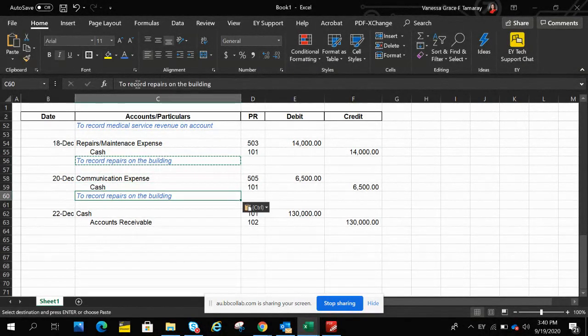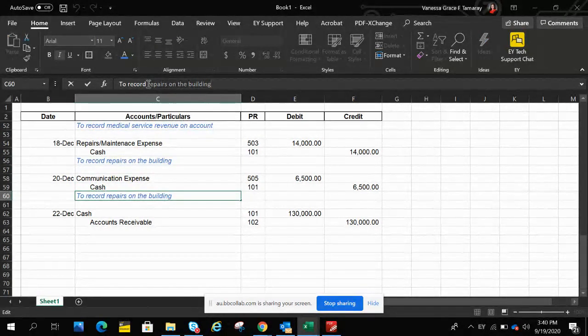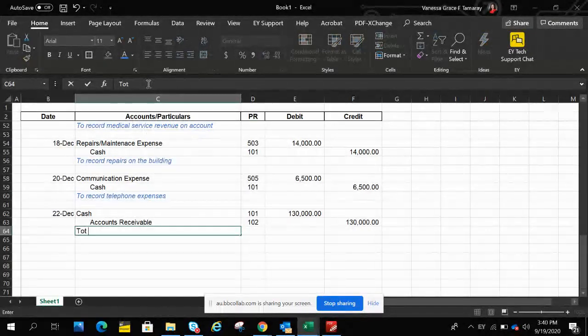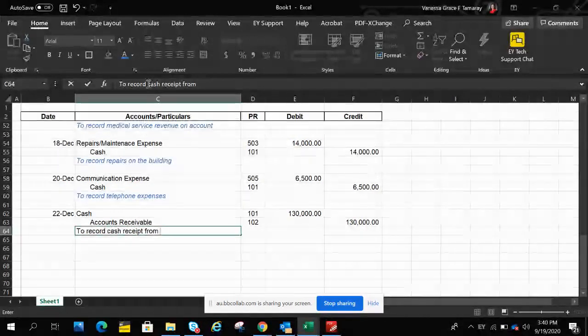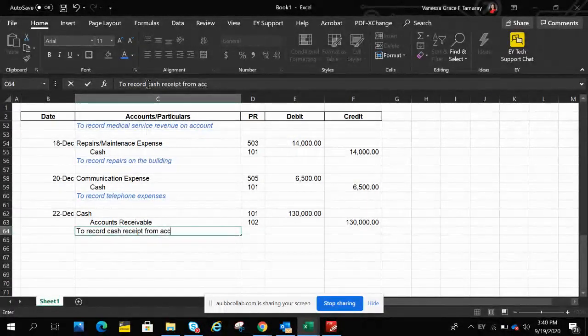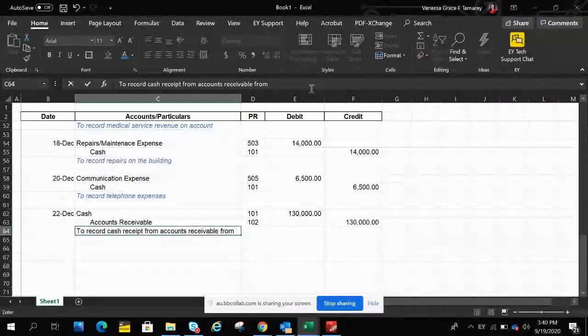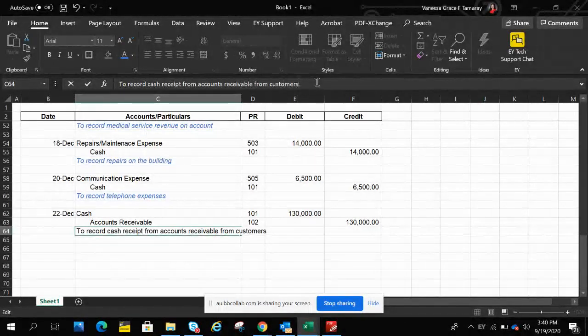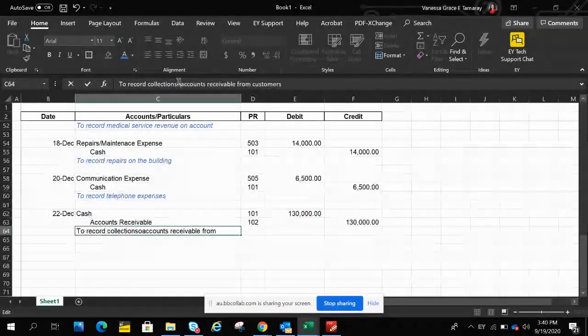Then to record telephone expenses. Then here to record cash receipt from accounts receivable customers. Record collections.